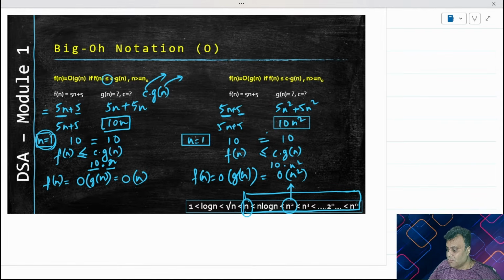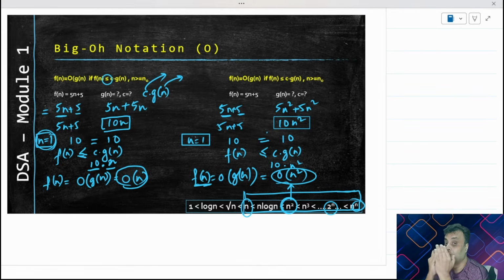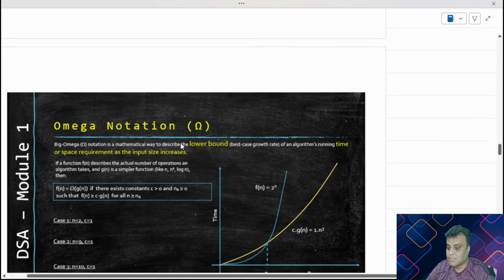So now you have again proved that the upper bound of the same Fn, which was found to be n here, becomes n square here. And we can similarly prove 2n, n to the power n likewise. The essence we are trying to prove is, if you get an upper bound, any complexity class above those upper bounds are also upper bounds, but you have to choose the nearest upper bound.